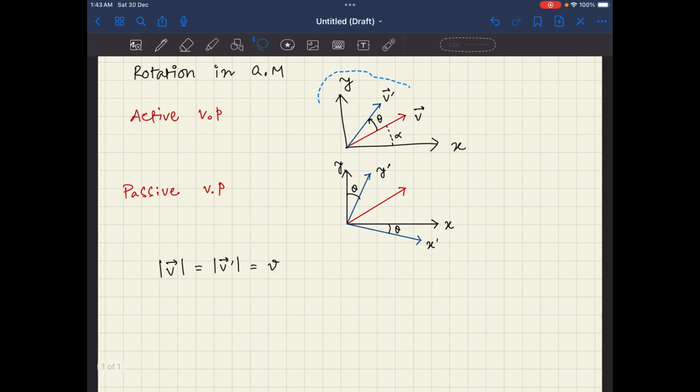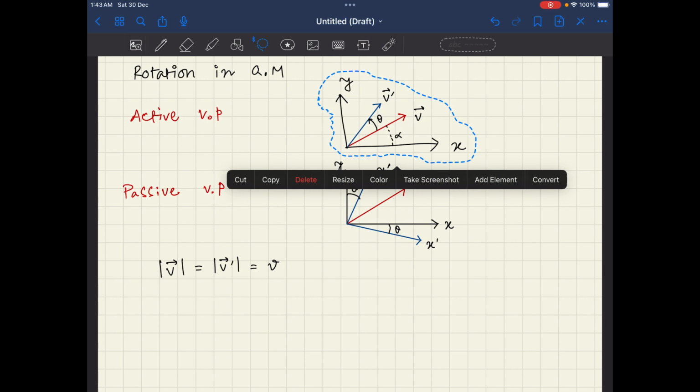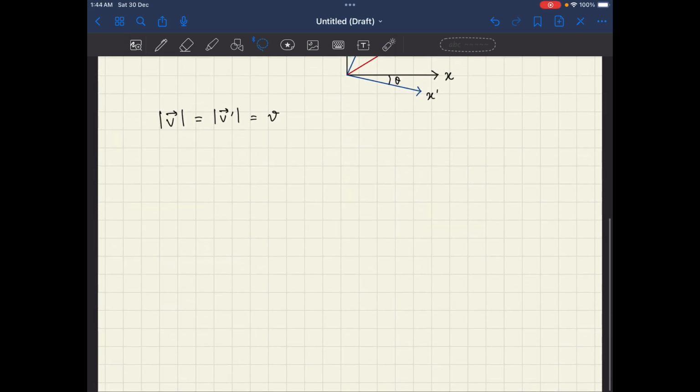We are interested in how the components are related to each other before and after rotation, not coordinates.